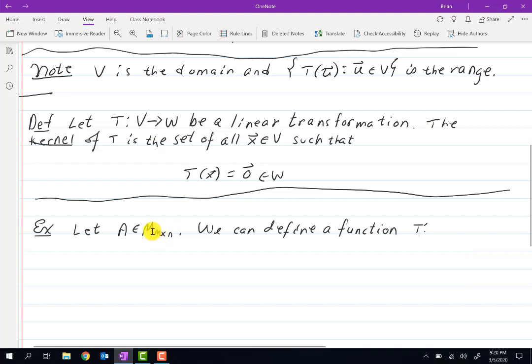What that means is its domain is R to the N, and its range is R to the M. So it is a function from R to the N into R to the M, defined by T of x equals A x. You can see this makes sense. A has n columns, and x will have n rows since the domain is R to the n.